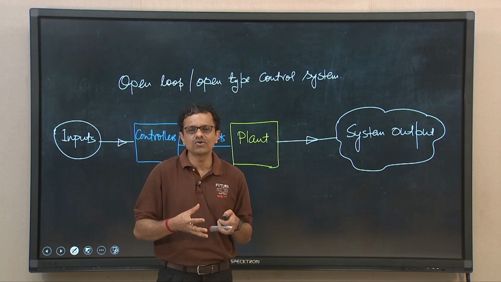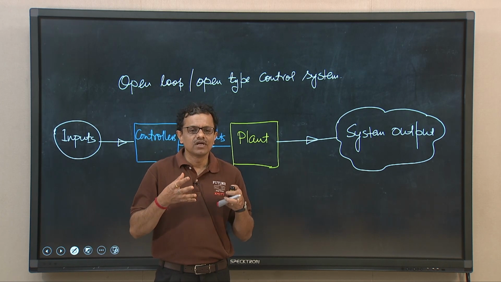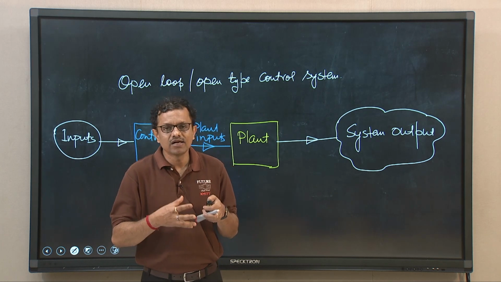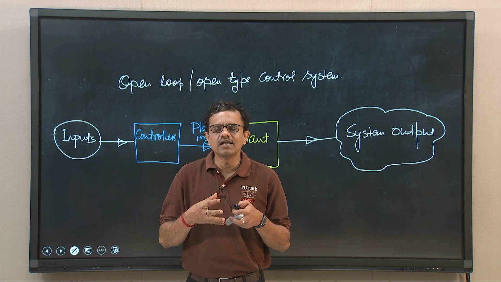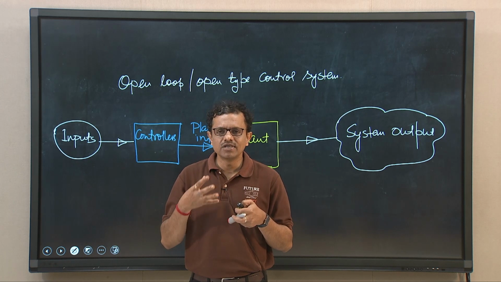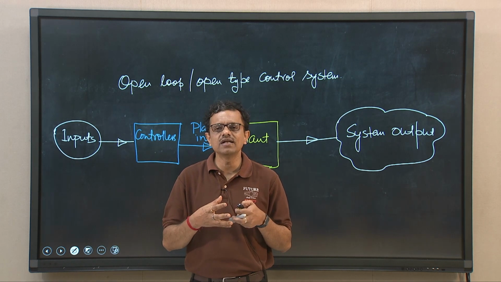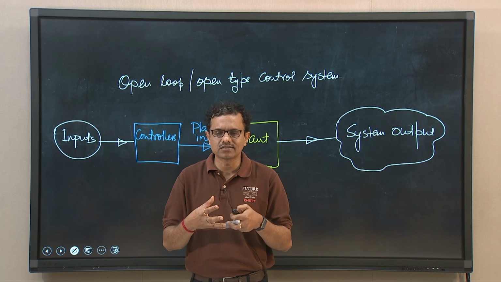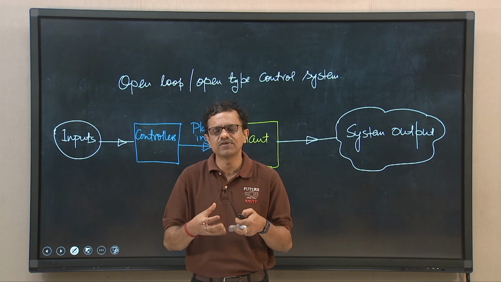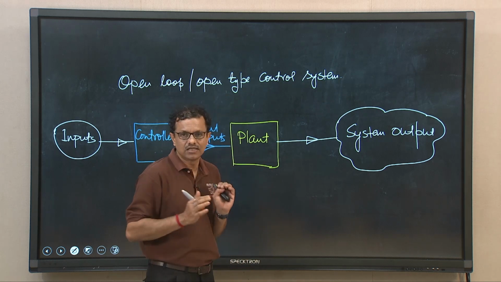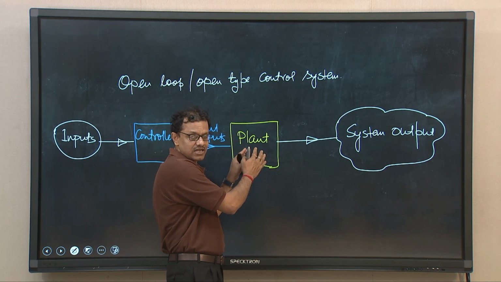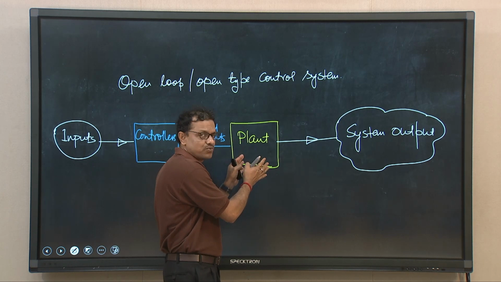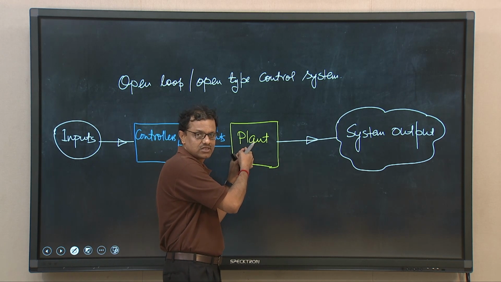So, in a car having cruise control, if the driver sets the speed of the car to 50 km/h, say for example, that is the desired output. The driver sets the speed of the car to 50 km/h, and that desired output is fed into this system.